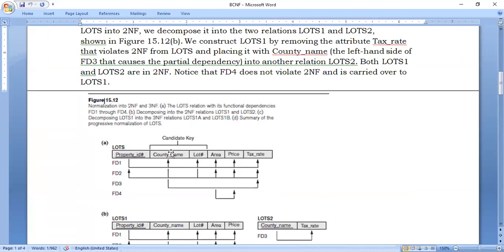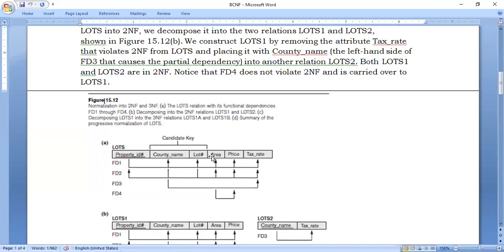Among all these attributes, which are the candidate keys? There are two candidate keys. One is the property ID, and the second candidate key is a composite key, the combination of country name and lot number.